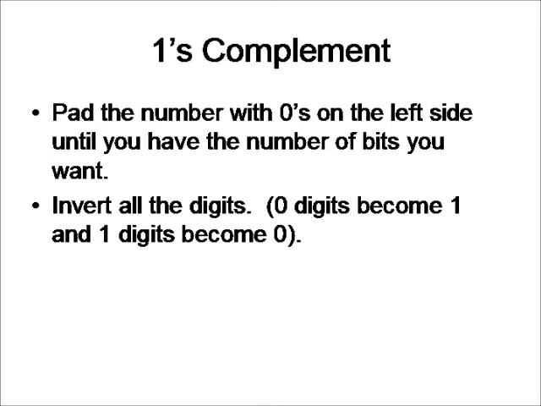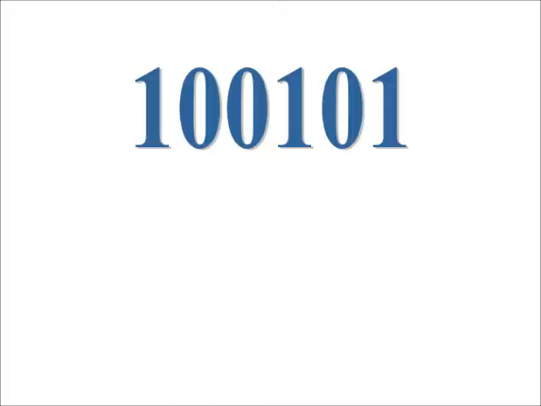Then, after that, you invert all the digits. 0 digits become 1, and 1 digits become 0. So let's go back to our first problem, and this time we will negate it using the ones complement. Since I have mentioned that this is a positive binary number, I'm going to go ahead and pad a 0 to the left of this number. Let's say I want 7 bits in this problem.